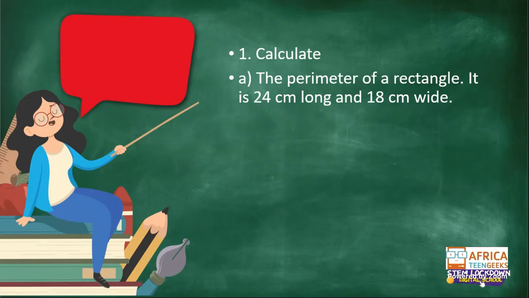We have already done the perimeter of various polygons, and we also did a few areas. We have done the area of the square, the area of a rectangle. We have learned about the area of a triangle as well. So today I want us to calculate the perimeter when we are given the length of 24 centimeters.